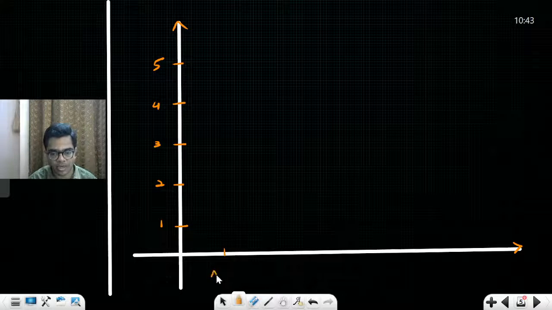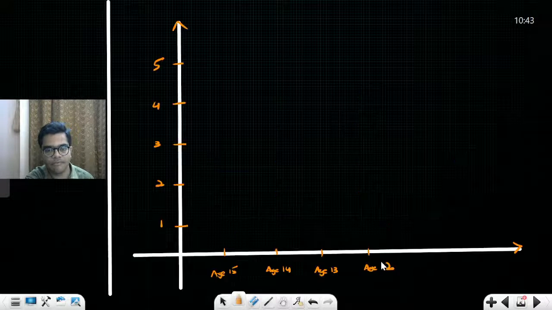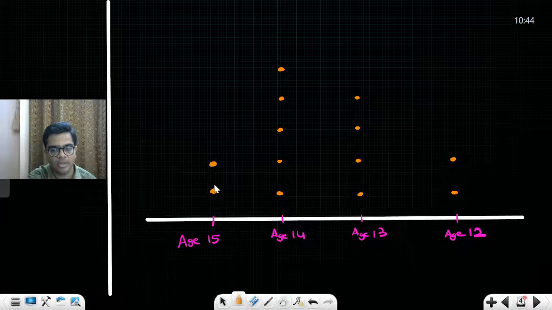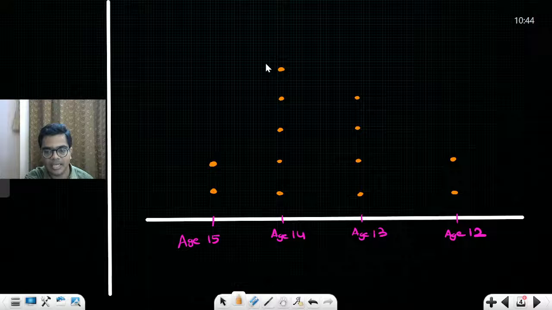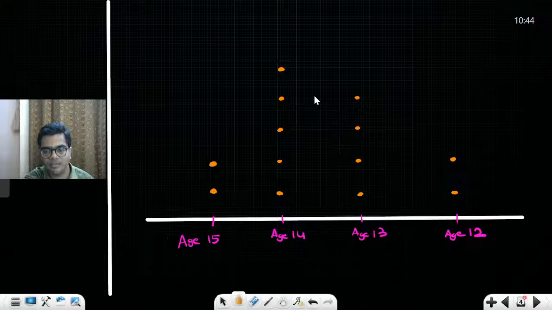Here we can write age 15, age 14, age 13, age 12. So for age 15 we have 2 people, so put a dot exactly at 2. Age 14 we have 5 people. Next, age 13 we have 4 people. Next, age 12 we have 2 people.